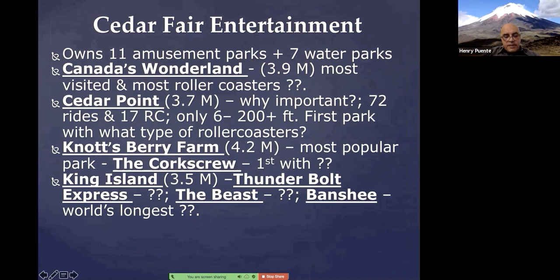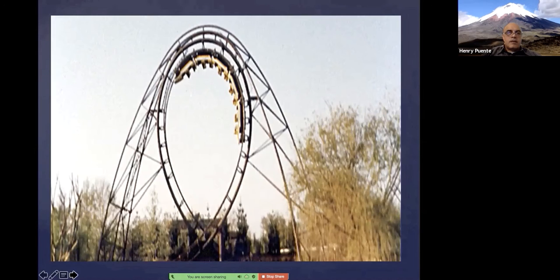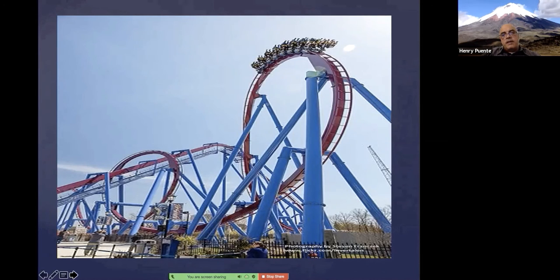And then we have the Beast. The Beast is the longest roller coaster by footage. So again, the longest roller coaster is the Beast. The Banshee is the world's longest inverted roller coaster. And this is the Banshee. Inverted means that the rail is above you.